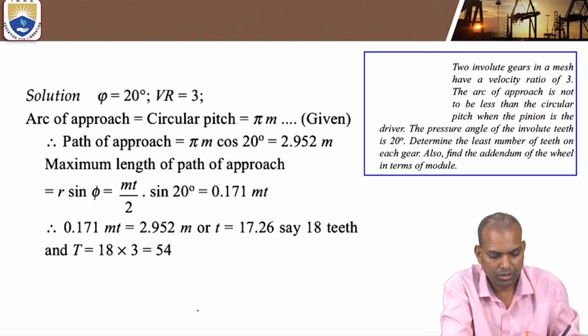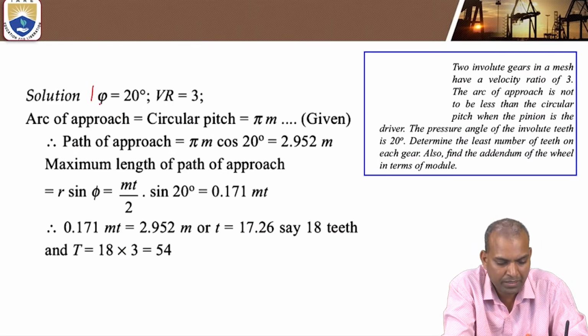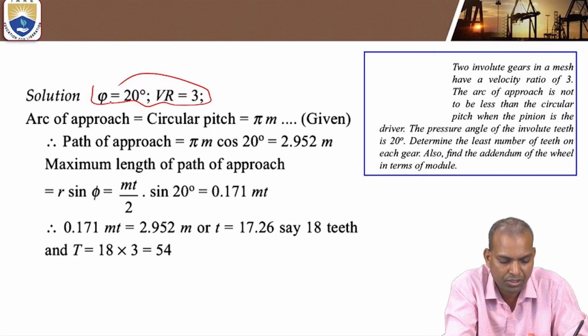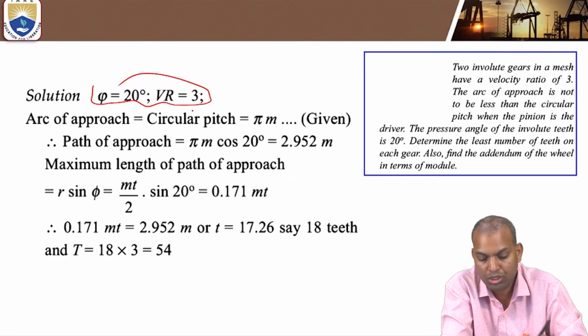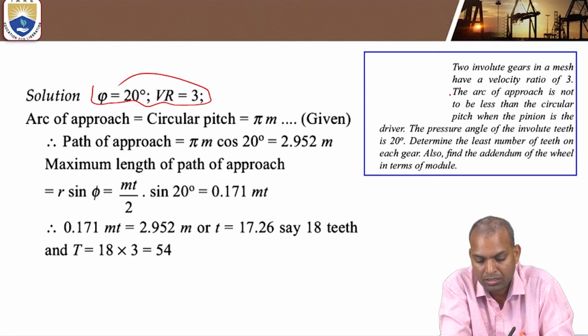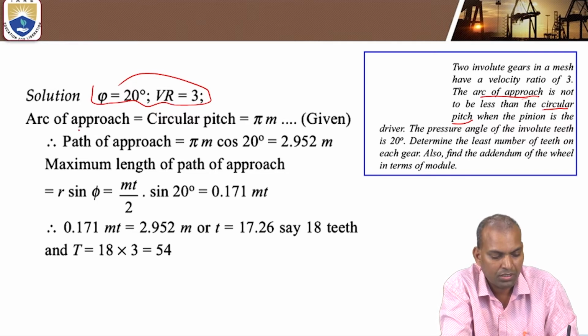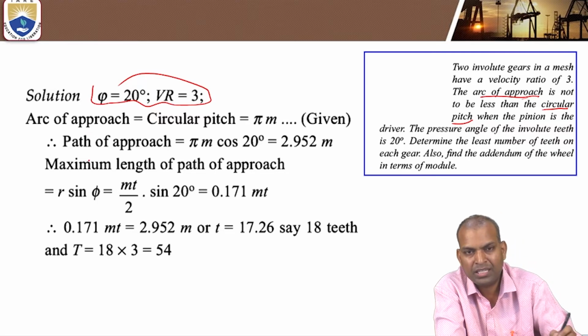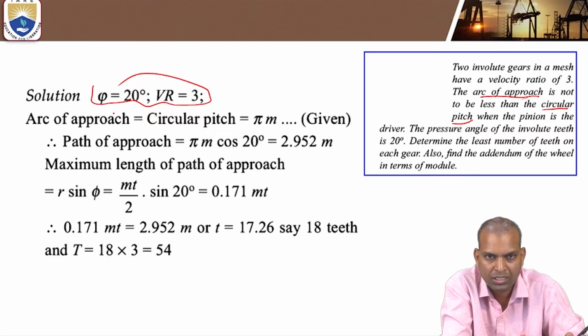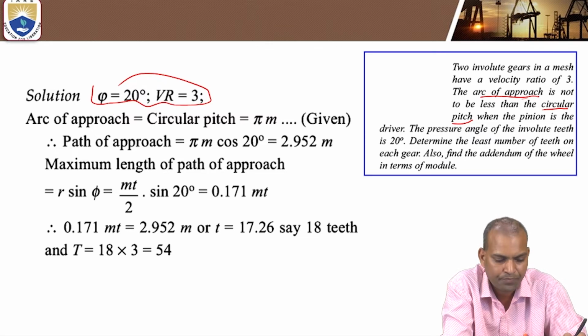Now, the given data is only two parameters, that is pressure angle and velocity ratio. And one condition is that arc of approach equal to circular pitch. That is not to be less than. The meaning is that it is not more, then it is equal.